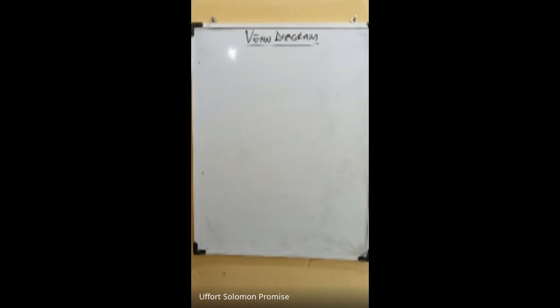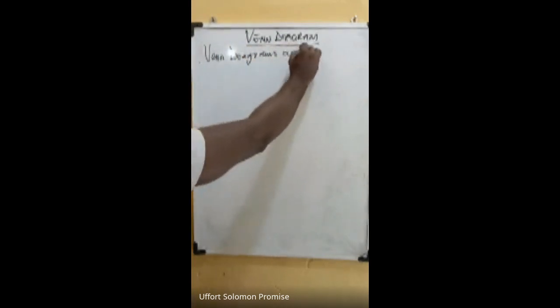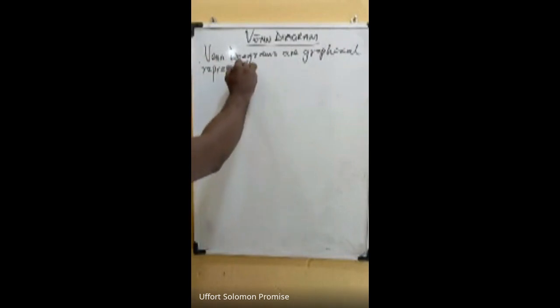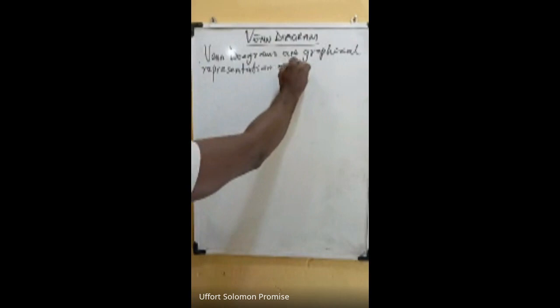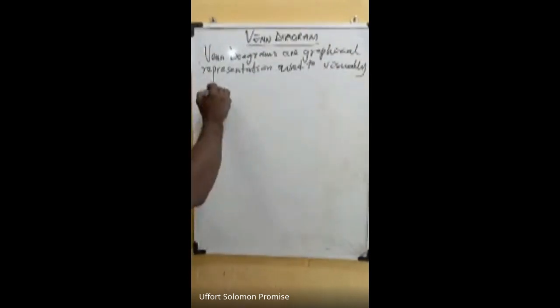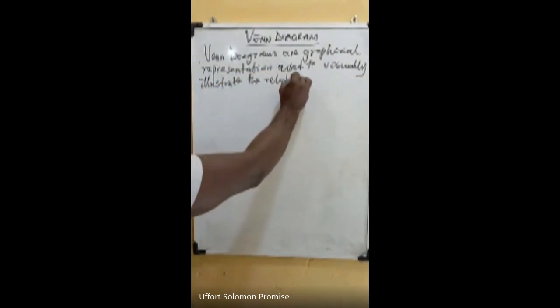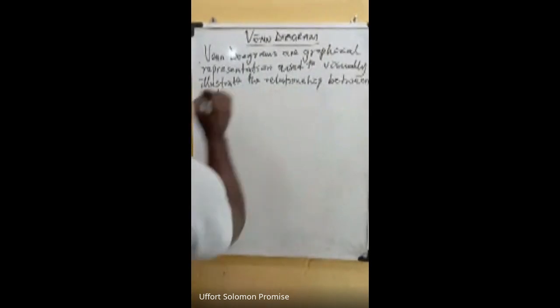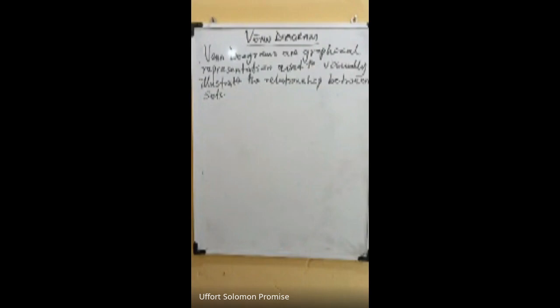Venn diagrams are graphical representation used to visually illustrate the relationship between sets.